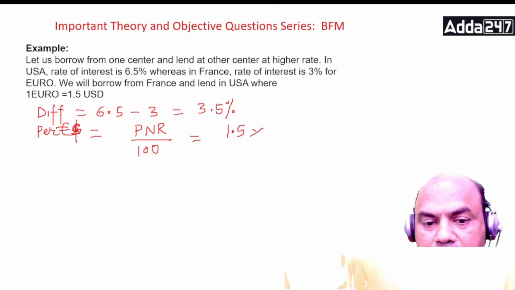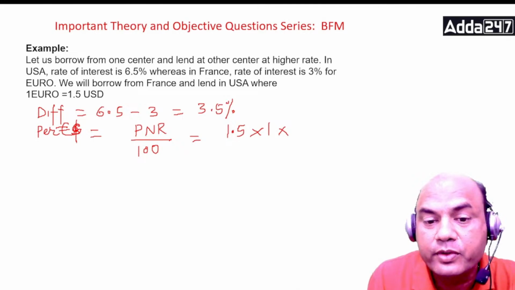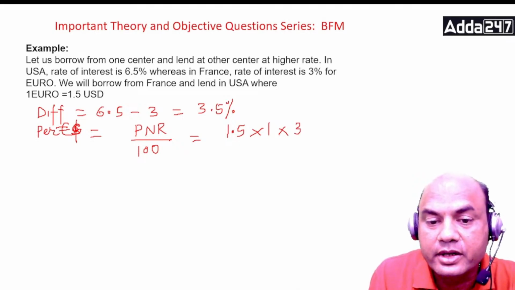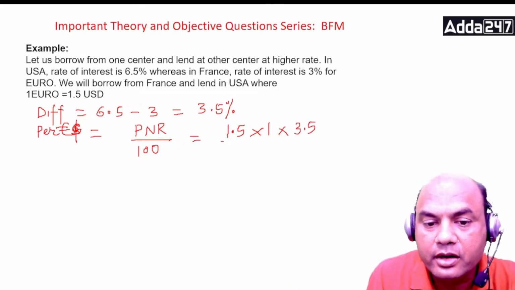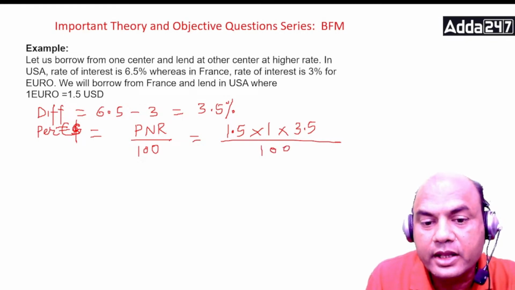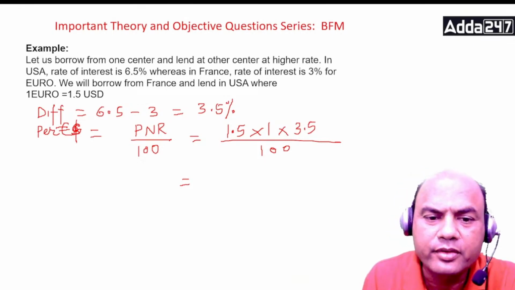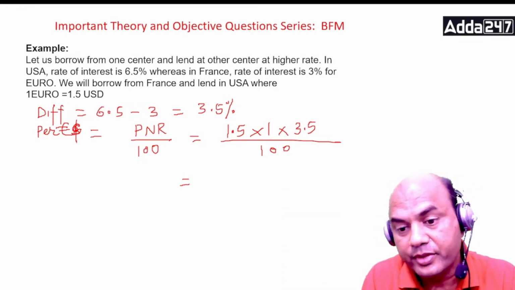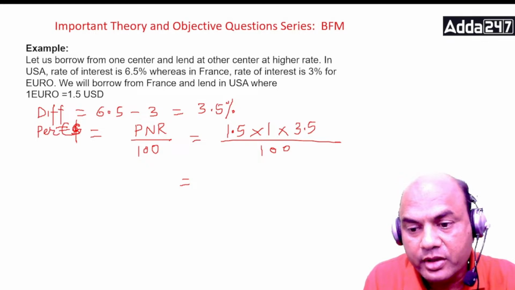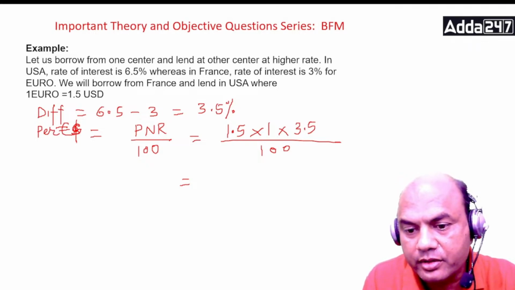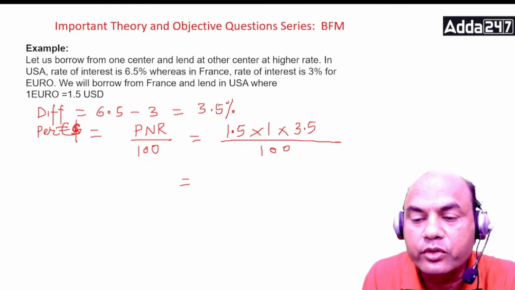So 1.5 into 1 into the difference, rate of interest 3.5 upon 100. So get the answer now. Such a simple problem, 1 mark problem, but very important. 1.5 into 3.5 upon 100 is 0.0525.